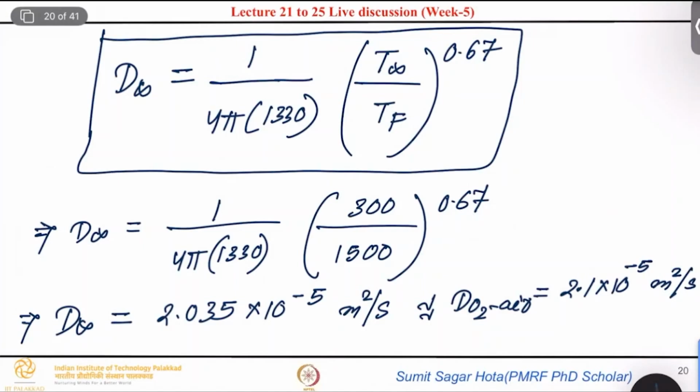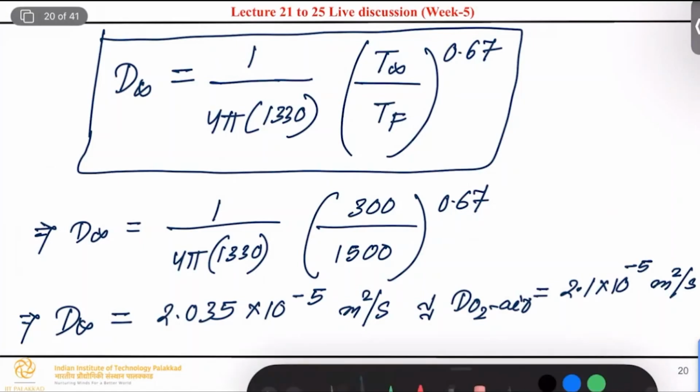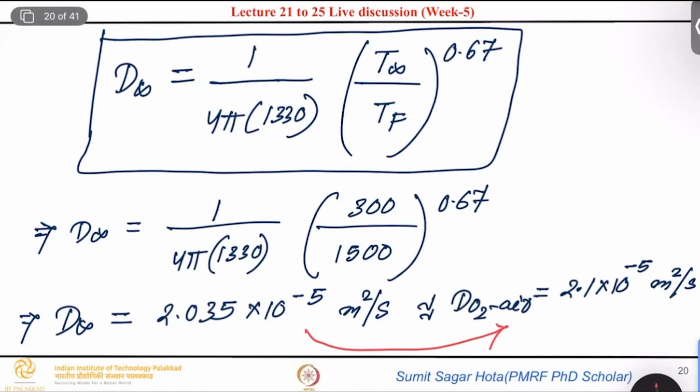And we can see that this is nearly the same value. You can give the comment that they are nearly the same values. This is the comment we can make.